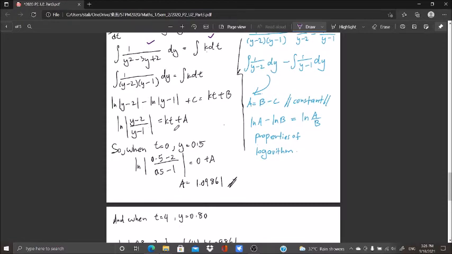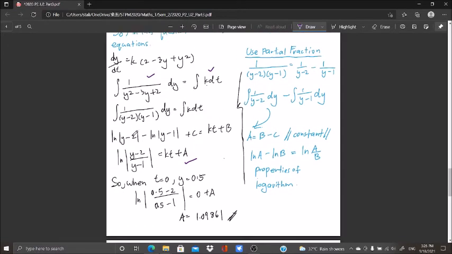We will get this: ln of (y minus 2) divided by (y minus 1) equals kt plus a. However, how did I get from here to here? I used the partial fractions method. When you know that there are different roots of the equation here, y equals 2 and y equals 1, we can split it into this form.